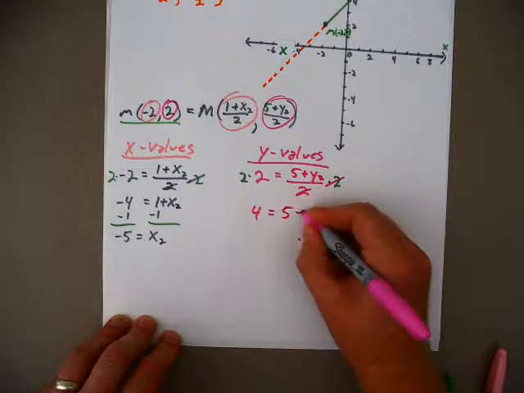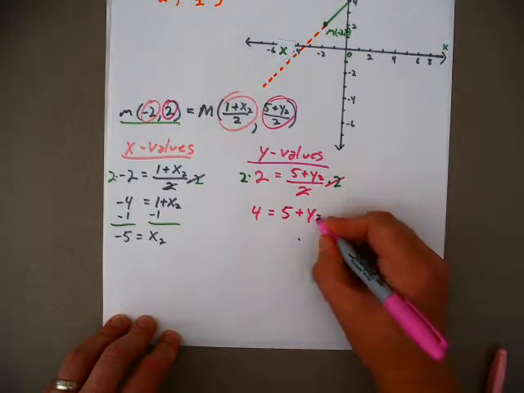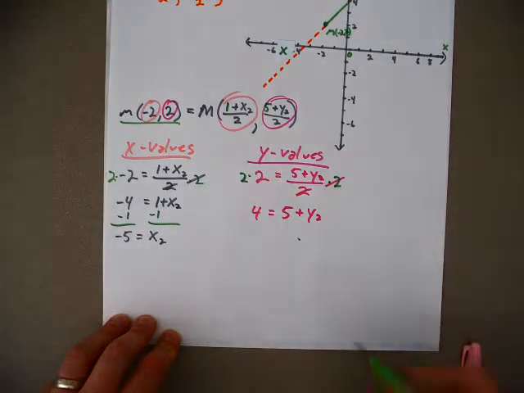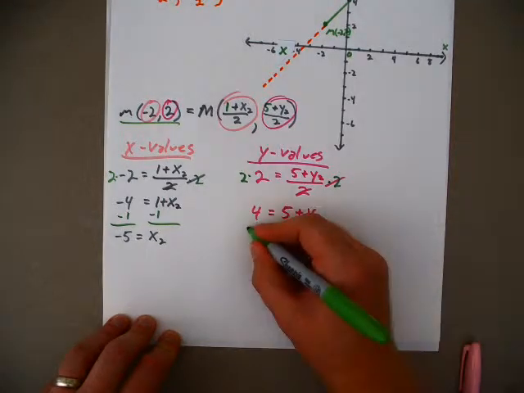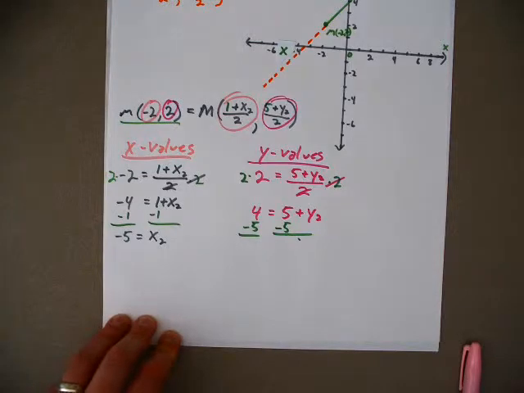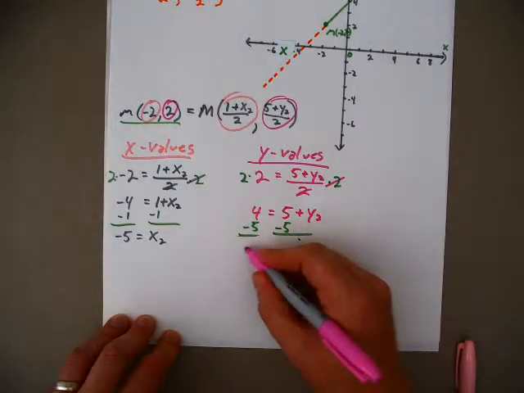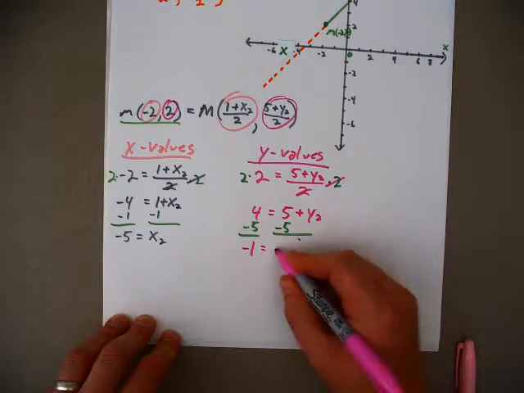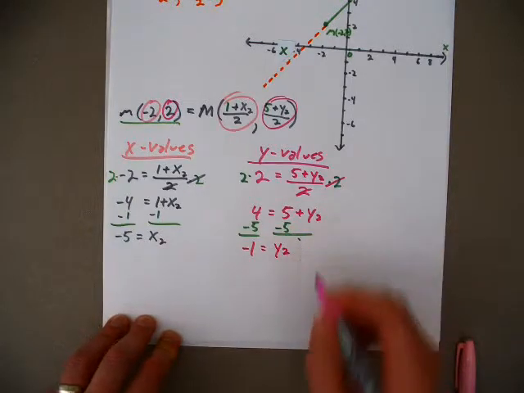And I get 5 plus y2. I'm going to subtract 5 from both sides. And so I'm left with negative 1 equals y2.